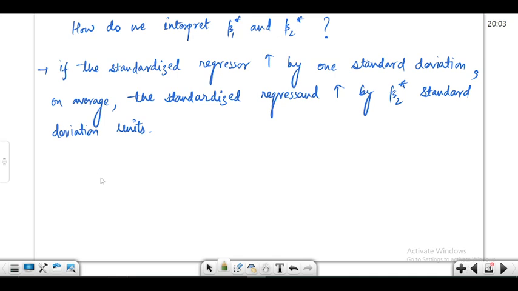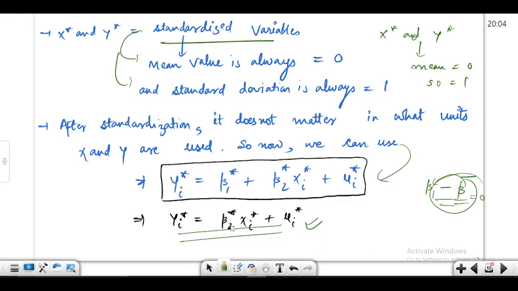So how do we interpret beta 2 star? If the standardized regressor, xi star, increases by one standard deviation, then on average the standardized regressant, yi star, increases by beta 2 star standard deviation units, as you can see from this equation.